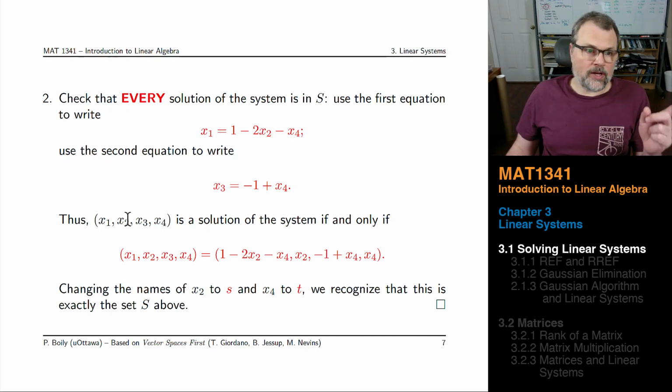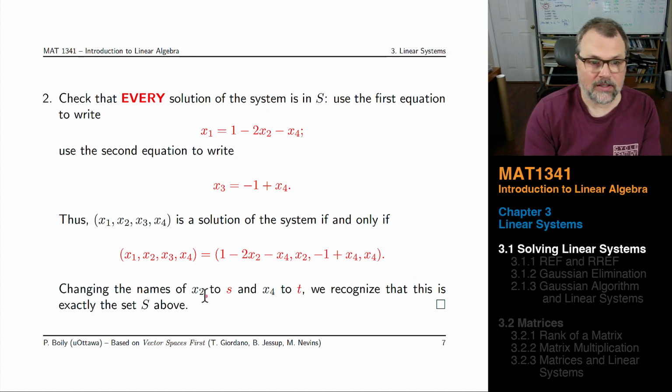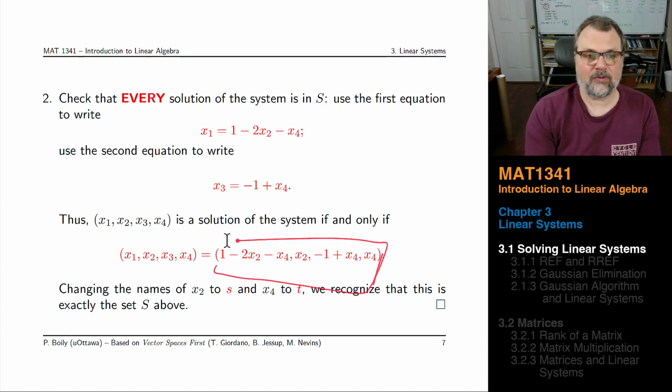So x1, x2, x3, x4, if it is going to be a solution of the system, it absolutely must be that as a vector, you can write it as 1 minus 2x2 minus x4, x2, minus 1 plus x4 and x4. And now all you have to do is to change the name of x2 to s and x4 to t, and you recognize that this thing has exactly the form required to be in S.